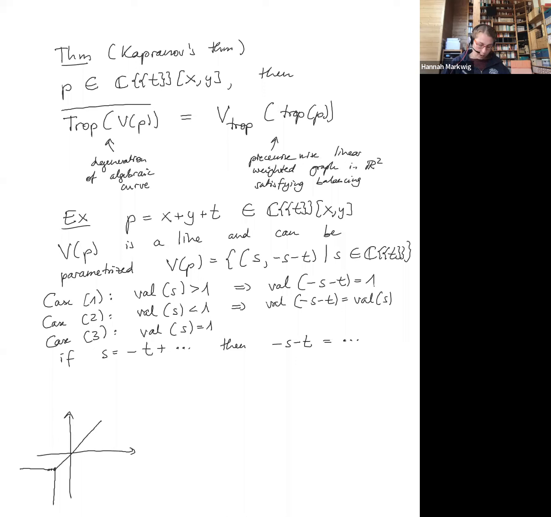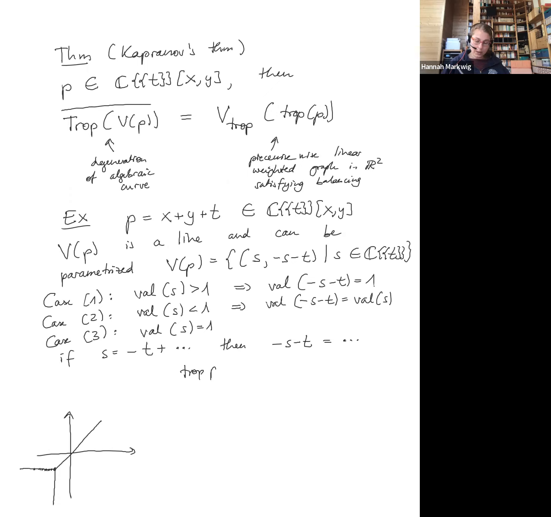But then we take a Euclidean closure. And then this is the picture we obtain for the left-hand side of our equation in Kapranov's theorem. So we do see a piecewise linear graph, which is already exciting. But now we want to compare with the right-hand side to really convince ourselves that we have this equality.